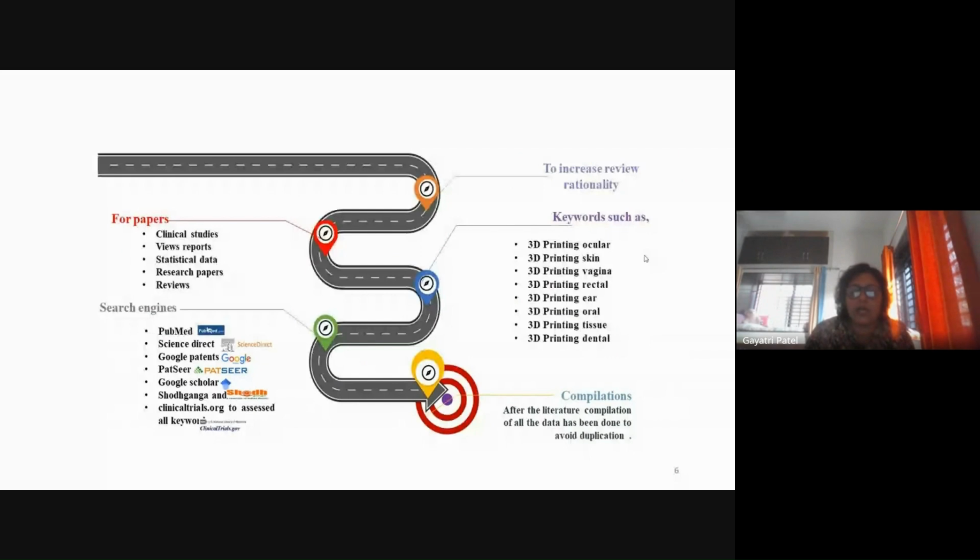I used this search methodology to increase the review rationality. After the literature compilation, one can see whether there is any duplication, or whether an application is already found, which may prevent you from pursuing further intellectual property protection. So this is my first step.